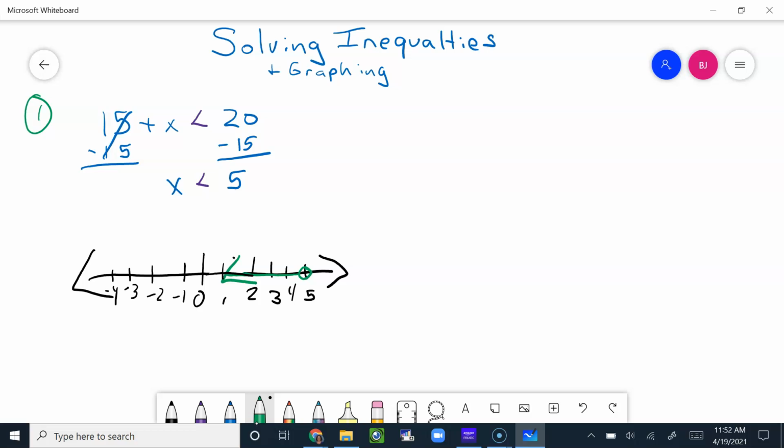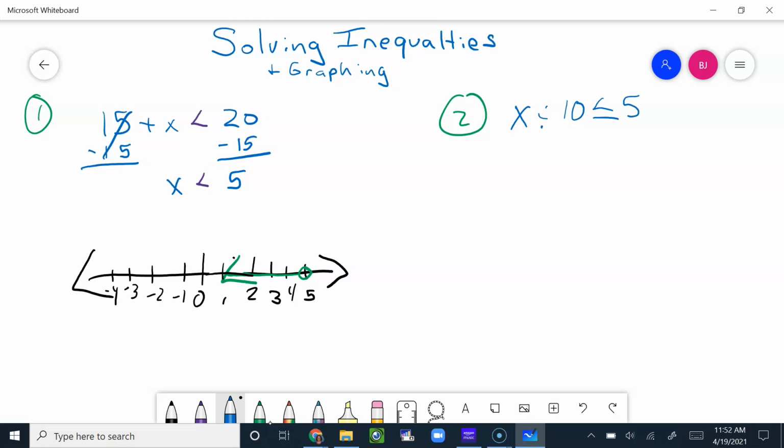Our second problem is to solve and graph the inequality x divided by 10 is less than or equal to 5.